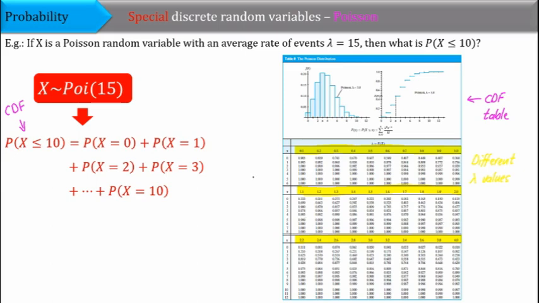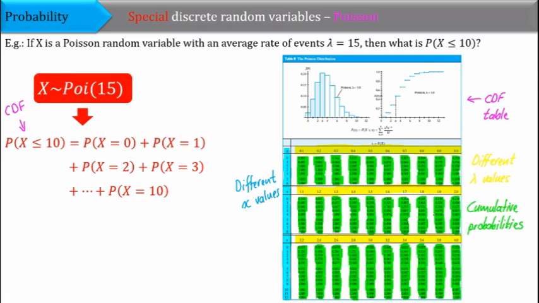For our previous problems, when lambda was equal to 5, the probability of x equal to 2 was smaller than when lambda was equal to 3.5. So the same x but different lambda changes the probability. So these rows are lambda values. Then in the first column we have our different x values, and inside here we have the cumulative probabilities.